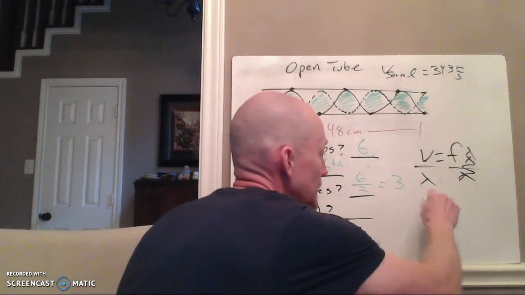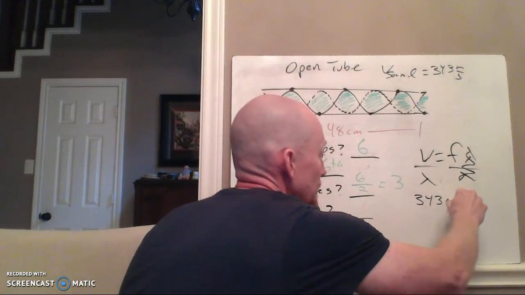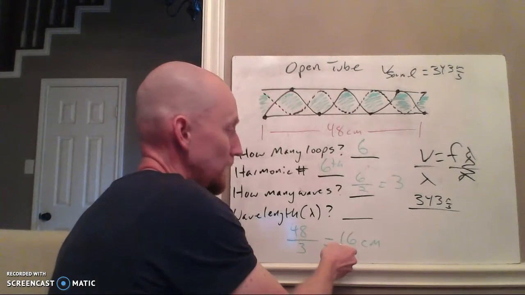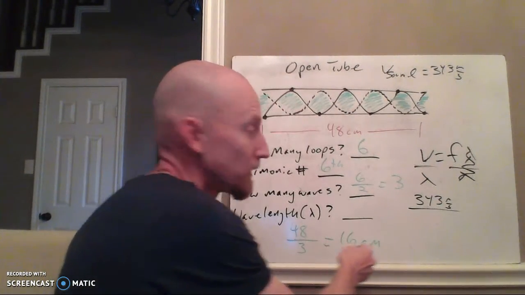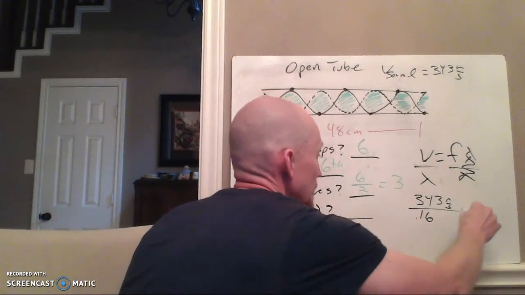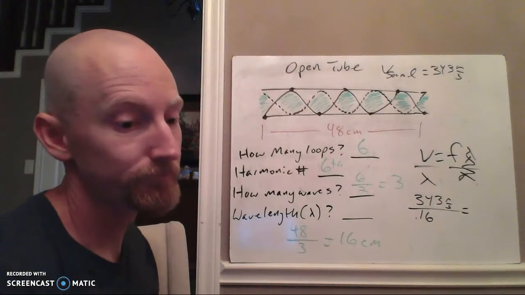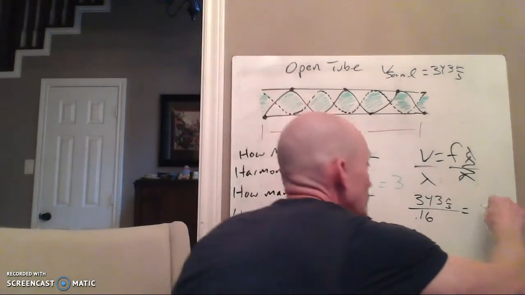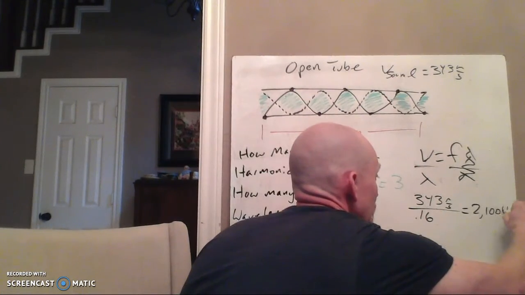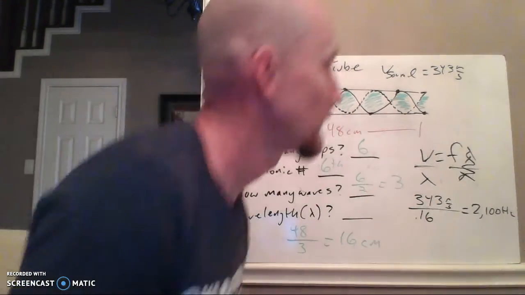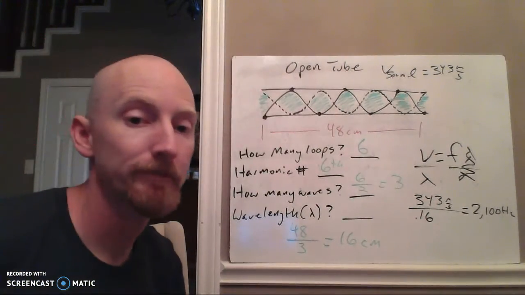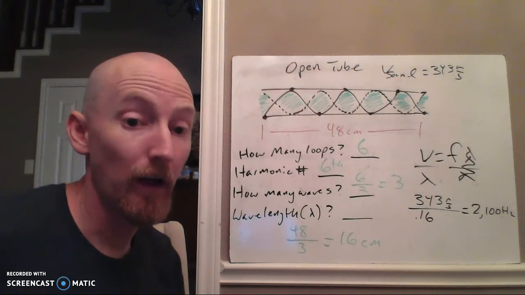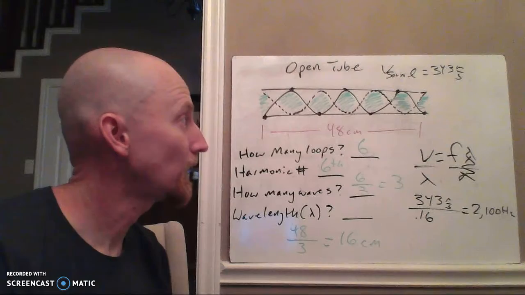So for the frequency, we're going to take 343 meters per second and divide by our lambda. Now it needs to be in meters, so we're going to divide by 0.16. And you get some gigantic number, 2,000 something, 2,100 hertz, thereabouts. Okay, that's your frequency. Now, if you want the fundamental, because obviously that's not your fundamental.